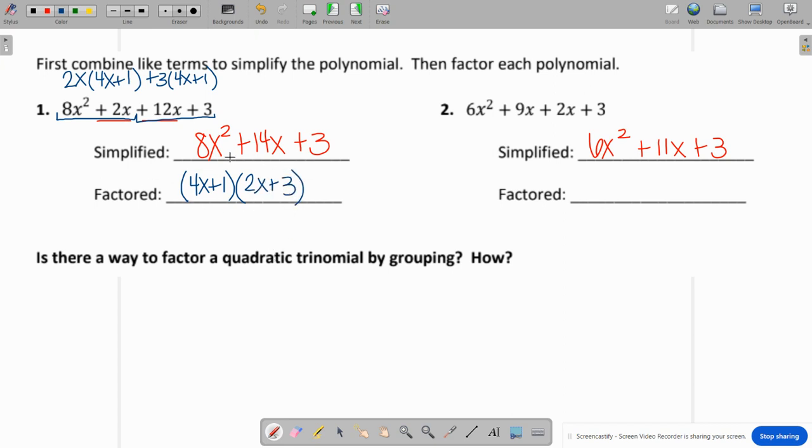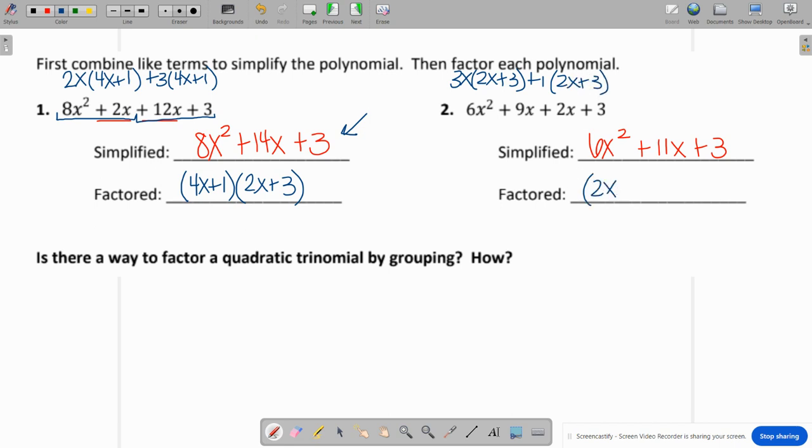This factored form is the factored form of this trinomial as well. But again, we didn't know how to factor this trinomial. Only when it was not simplified and that middle term was split into two terms, making it have four terms in total, were we able to group and get our factored form. Same thing over here. I don't know how to factor this, but I could factor out of this first group a 3x to have 2x plus 3, and out of the second group a positive 1 to have 2x plus 3.